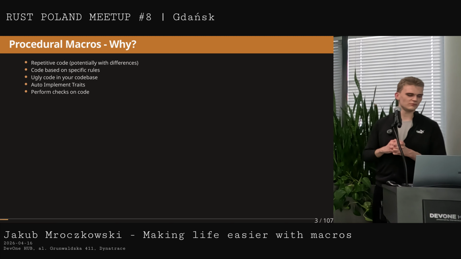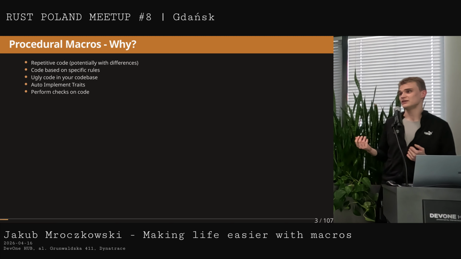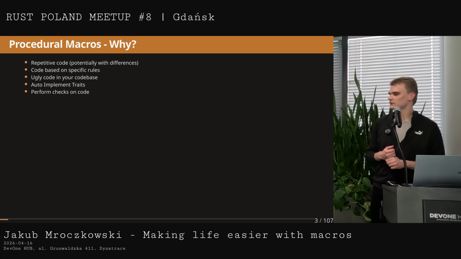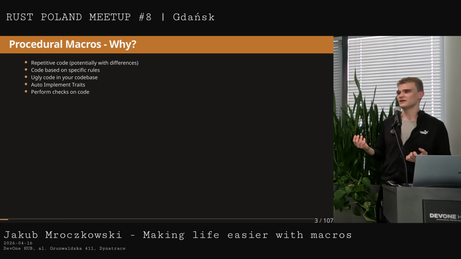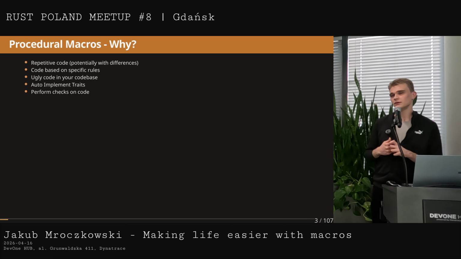Then let's talk about why and when you should use them. First of all, when you have some specific repetitive code which can't really be turned into functions, maybe because they have some specific conditions or differences which don't allow for that.